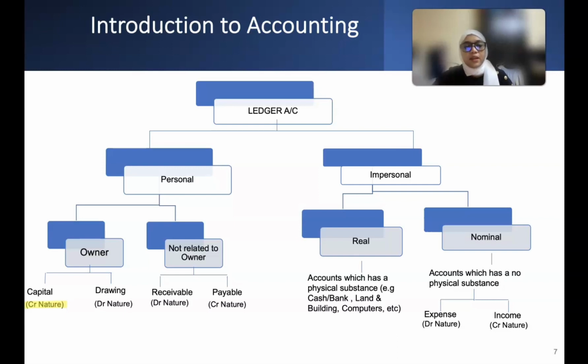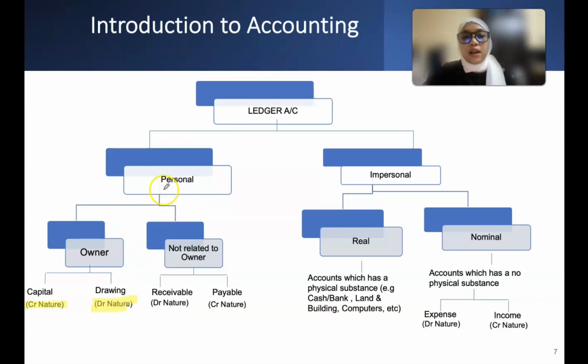The other type of owner account is drawing. Drawing is something that the owner has taken from the business for his personal use, not for business use. Drawing is always a debit nature.